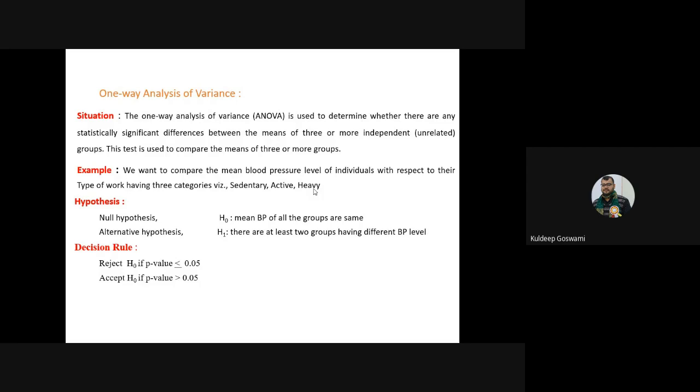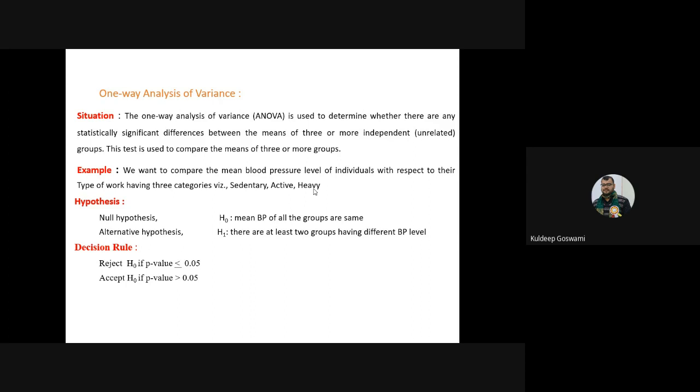But if we have more than two samples, then we can't use a t-test. Instead of a t-test, we have to use one-way analysis of variance, or there is another part, two-way analysis of variance. So in general, we can say if we have more than two samples to test, we have to use ANOVA.